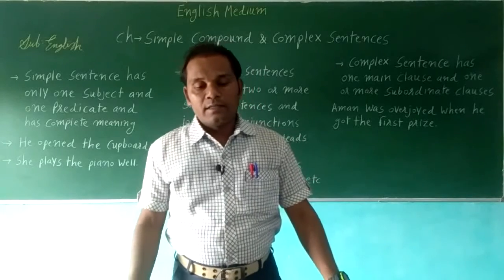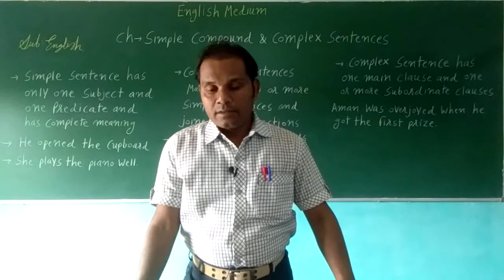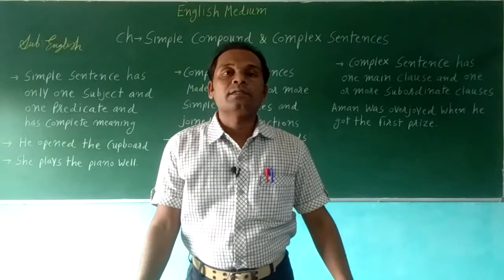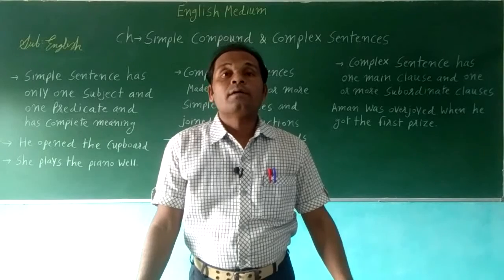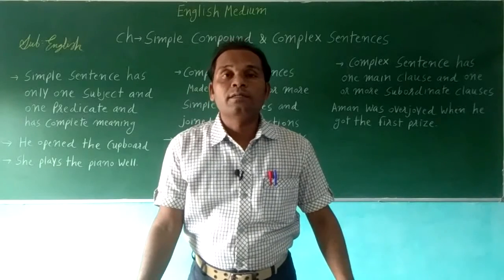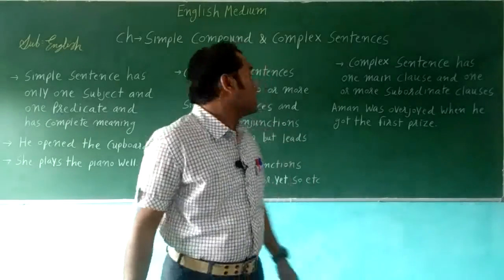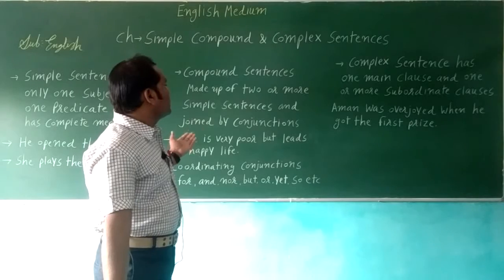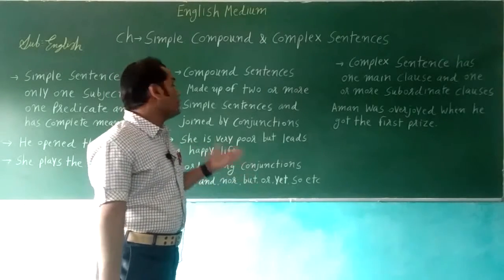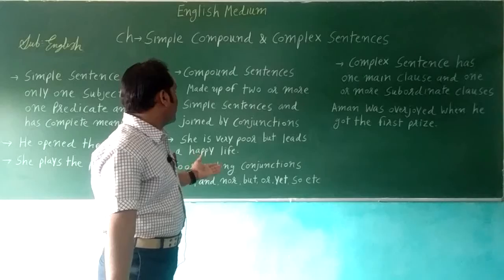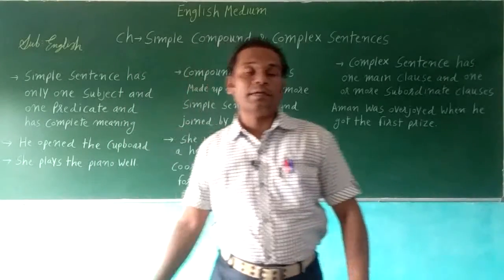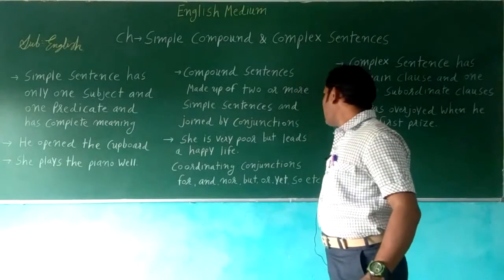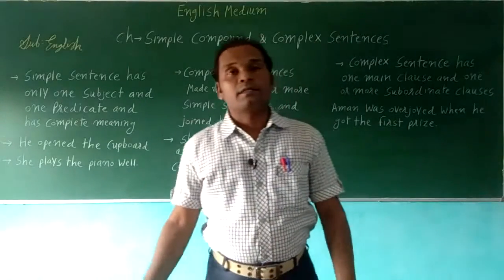Hardly had they reached the picnic spot when it began to rain. So a compound sentence is made up of two or more simple sentences joined by conjunctions, and the coordinating conjunctions we use to join sentences are for, and, nor, but, or, yet, and so, etc.